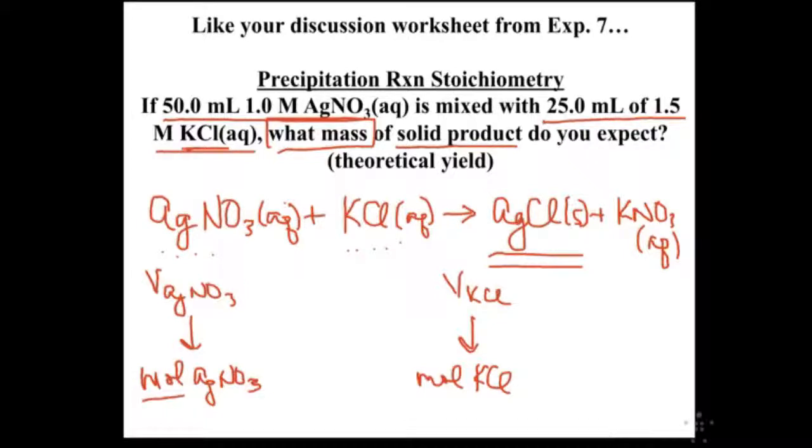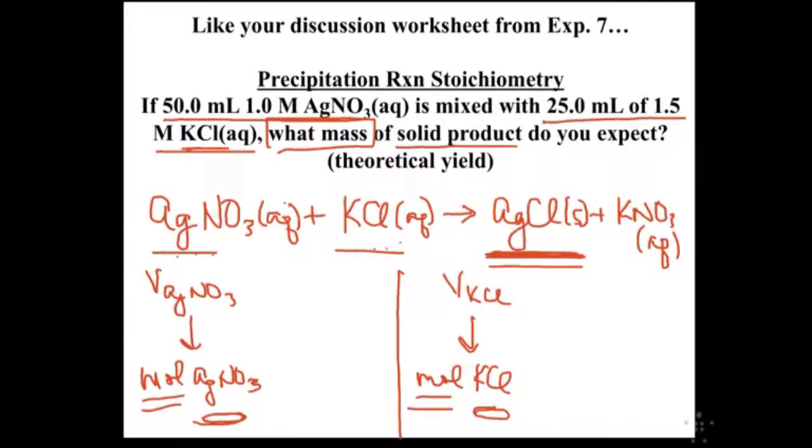Once I know the moles of each of those, in this reaction it's quite simple because I have a 1-to-1 ratio between each of these and my product. Whatever moles I have of silver nitrate or potassium chloride tells me how many moles of my product I can make. So I just need to look for the limiting reactant, the one that limits how much stuff I can make.